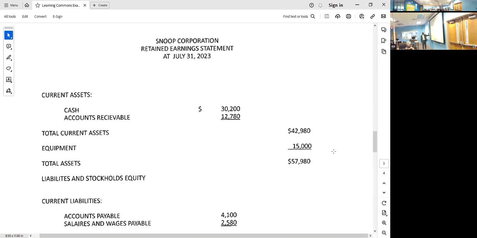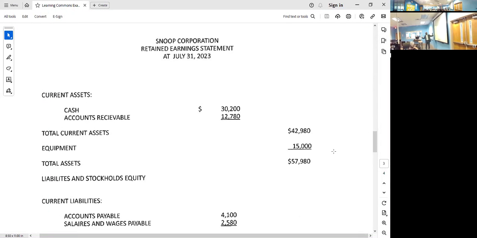We have equipment, so we add them both together and it gives us total assets. Total assets comes to $57,980.